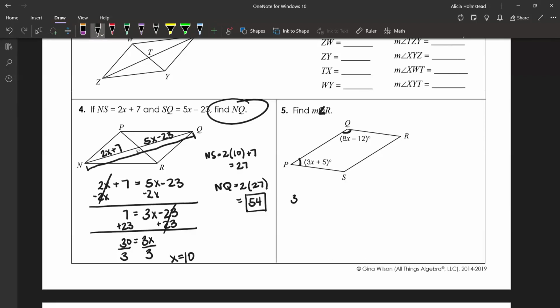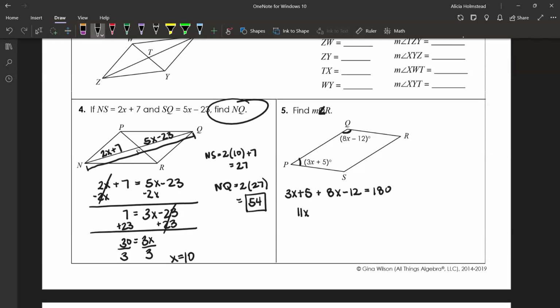So we'll go ahead and do 3x. Oh, sorry, in supplementary, they add to 180, so we're going to write an equation that represents that relationship, which is that 3x plus 5 plus 8x minus 12 would equal 180 degrees. And then we can just simplify. First thing we'll do is combine like terms.